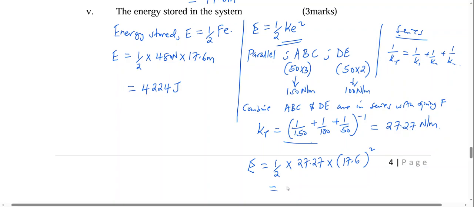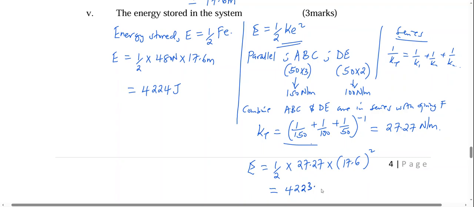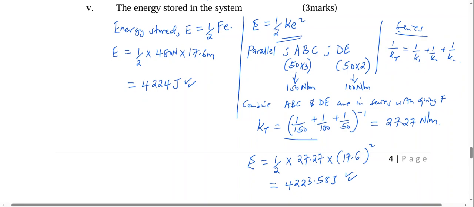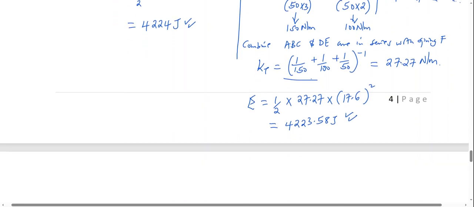This results to 4,223.58 joules. So this is an alternative way of getting the energy stored. The values are almost close to each other if you round off.